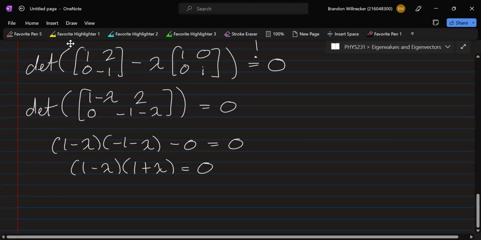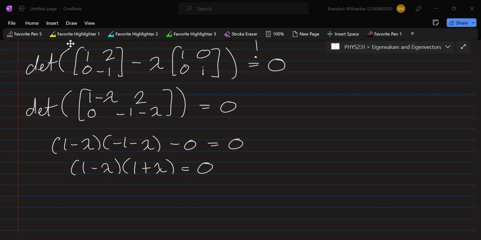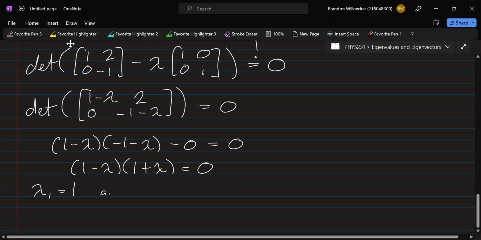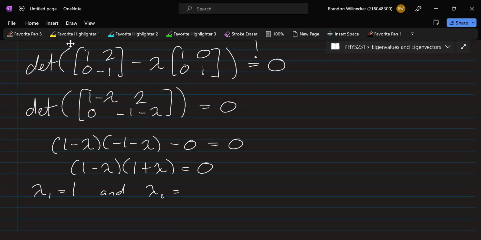Okay, and this gives us 2 possible solutions. So let's call lambda 1 to be the first solution, which is 1. And the second solution, for the second bracket there, it will be minus 1, so lambda 2 equals minus 1. So those are our 2 possible eigenvalues.